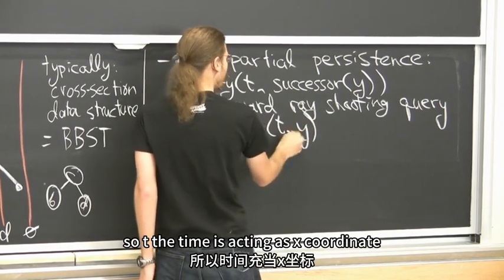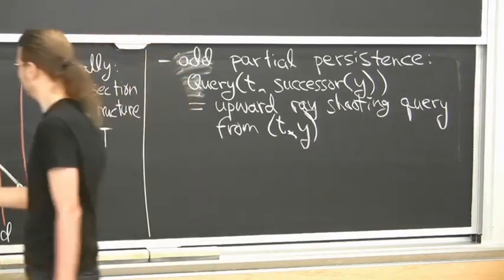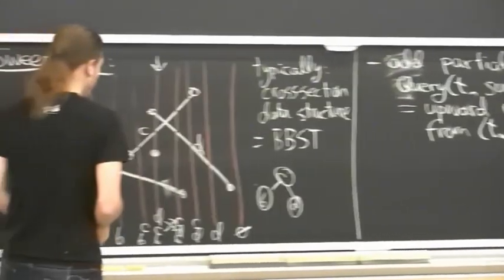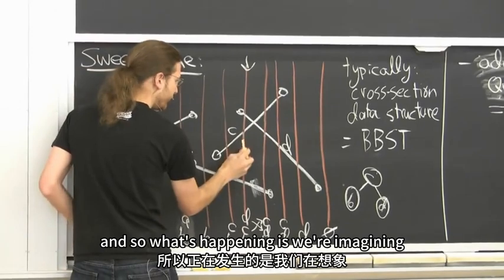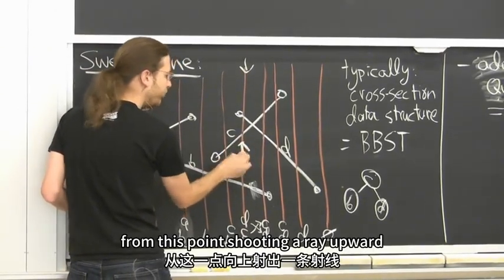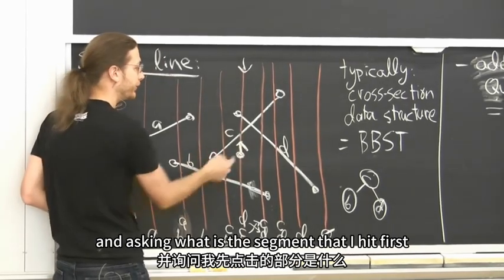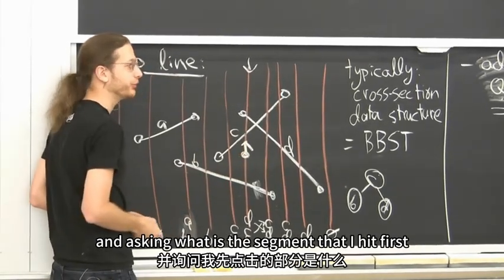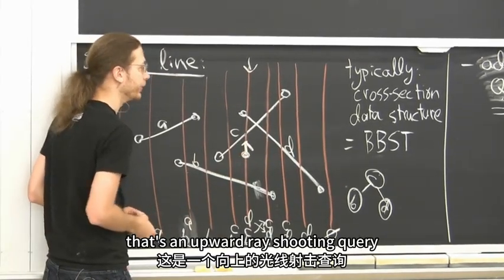So t, the time, is acting as x coordinate. This time is left to right here. And so what's happening is we're imagining from this point shooting a ray upward and asking what is the segment that I hit first. That's an upward ray shooting query.